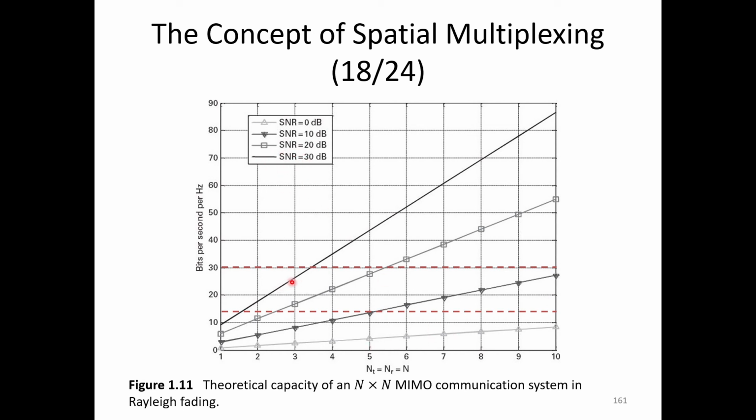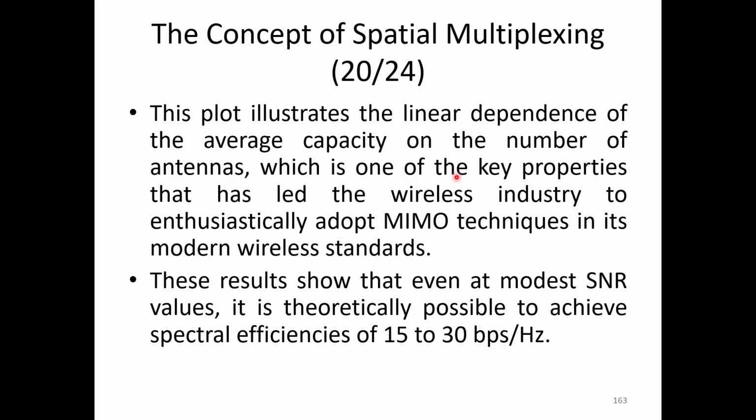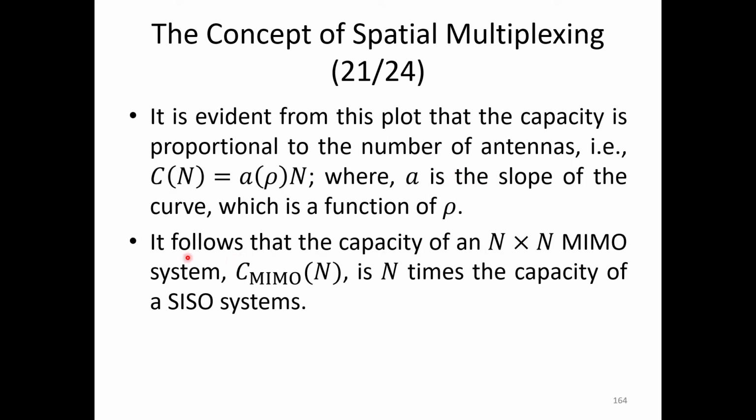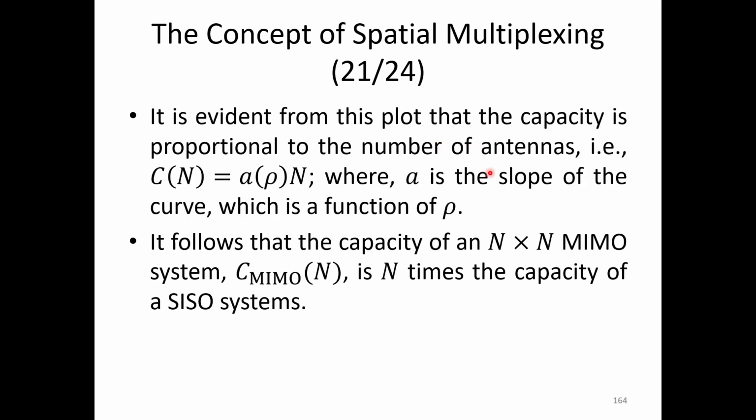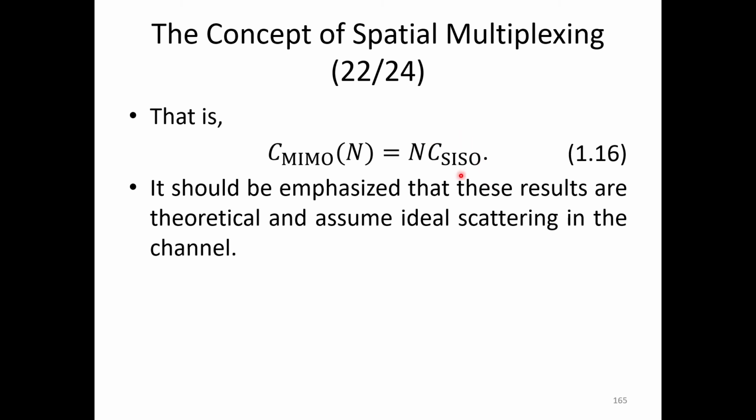Where NR is larger, the slope is also larger. It follows that the capacity of an n by n MIMO system, C MIMO of n, is n times the capacity of a SISO system. That is, C MIMO of n is equal to n times C SISO, where C SISO is the capacity of a SISO system.